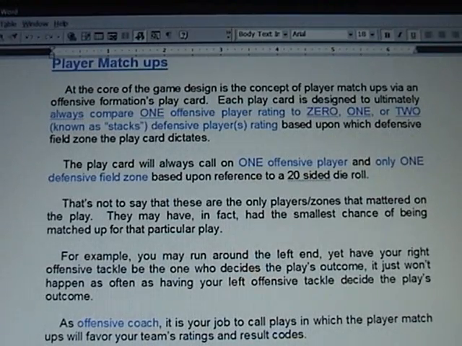We may have 1 player on defense in that zone. We may have 2 players on defense in that zone, but no more than 2. So the defense goes from 0, 1, or 2 players. There's also special provisions for defensive players known as stacks that we'll get into when we're discussing run type plays.